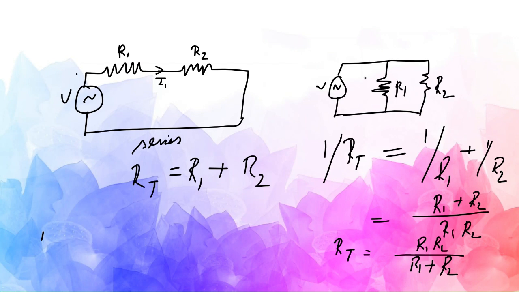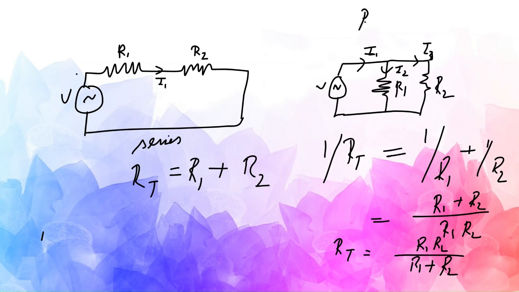What is happening here? See, if the total current is I1, then it will be divided into two parts. One is I2 and this part is I3. So if this current is divided into two elements, then this type of circuit is called a parallel circuit, right?